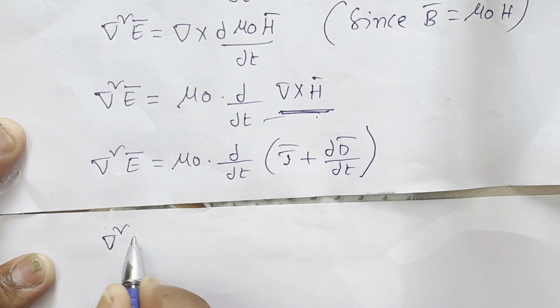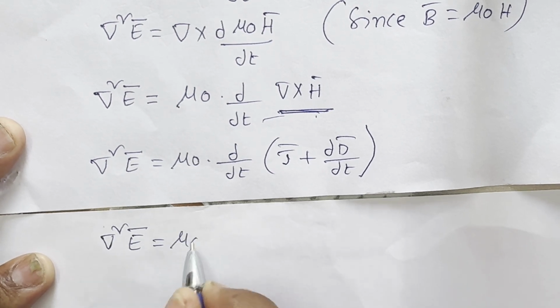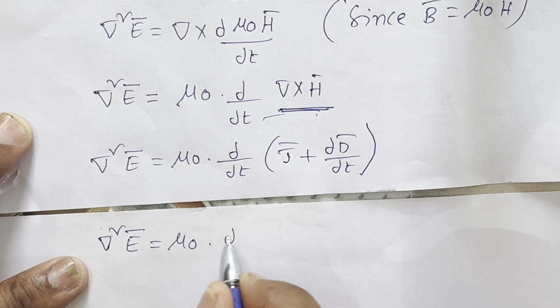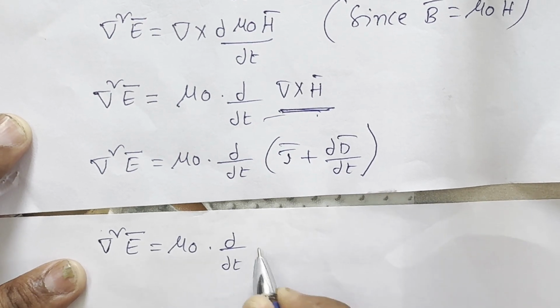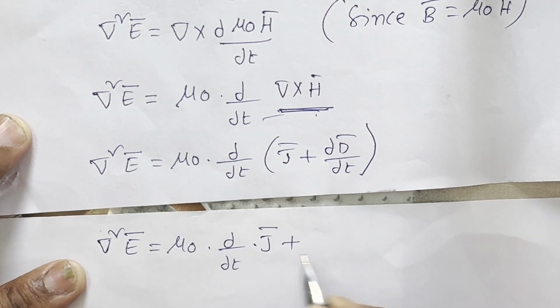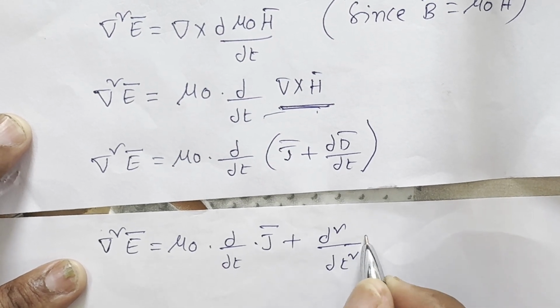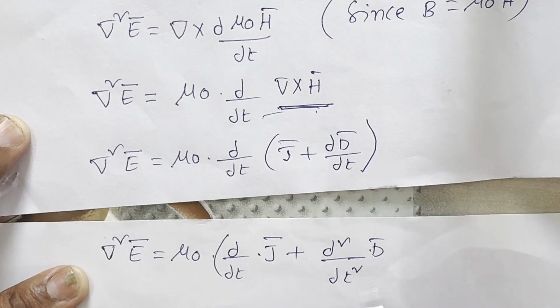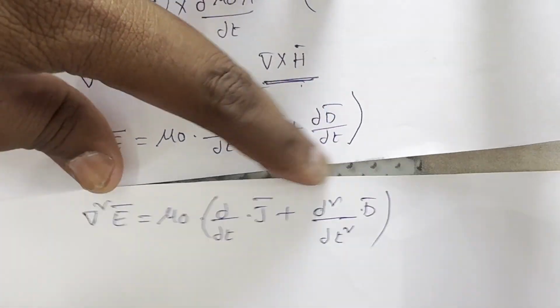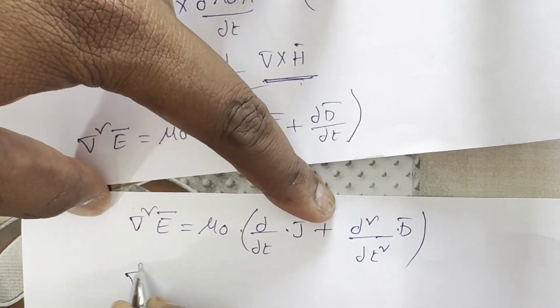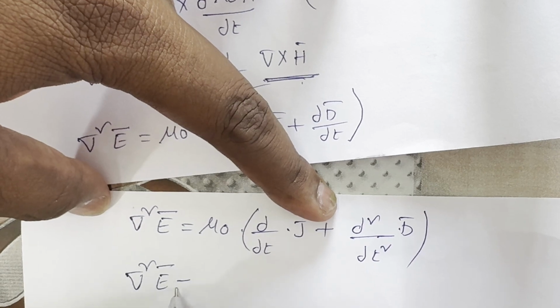Now del square E bar equal to mu naught into dou by dou t into J bar plus dou square by dou t square into D bar. Here I am making two substitutions.